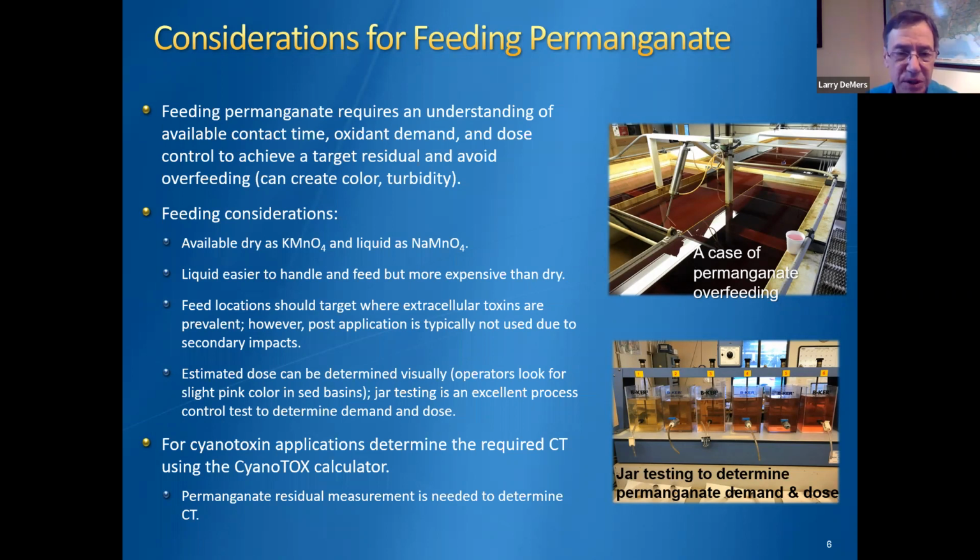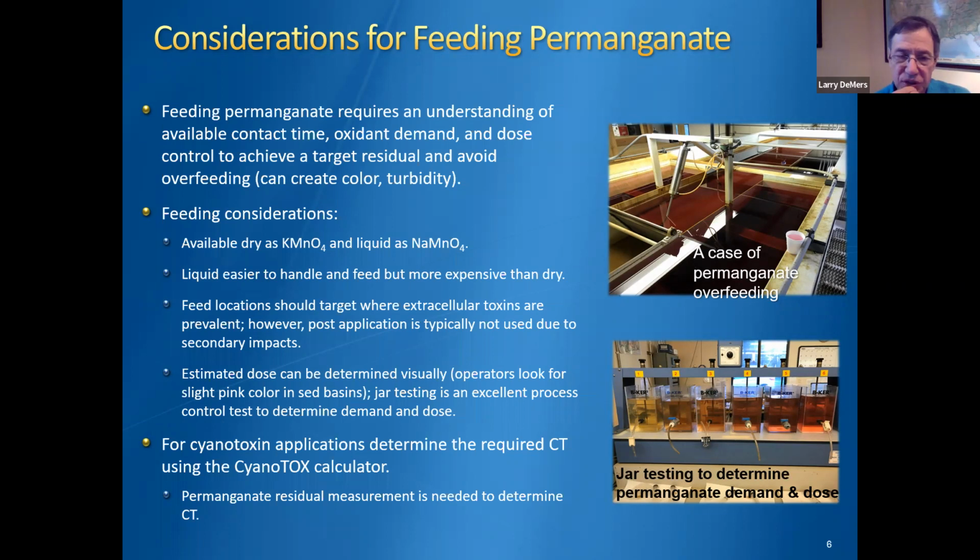Both are dosed similarly, but you have to account for concentrations and dilutions. The liquid is easier to handle and feed, but it's more expensive. So you pay for the convenience of feeding a liquid versus having to feed a dry powder and mixing it up in batch tanks.